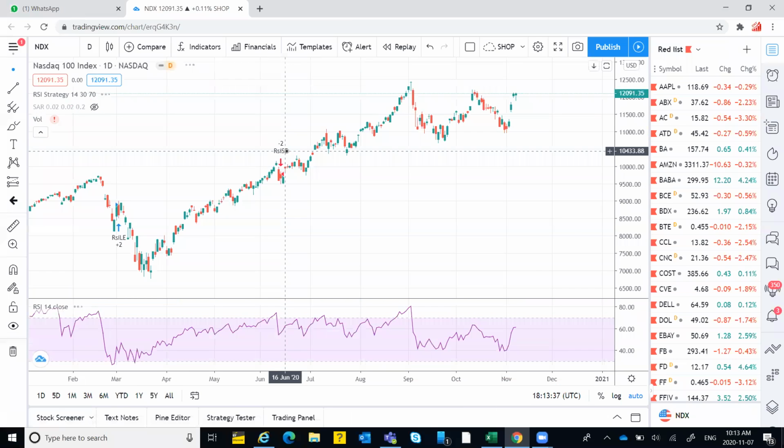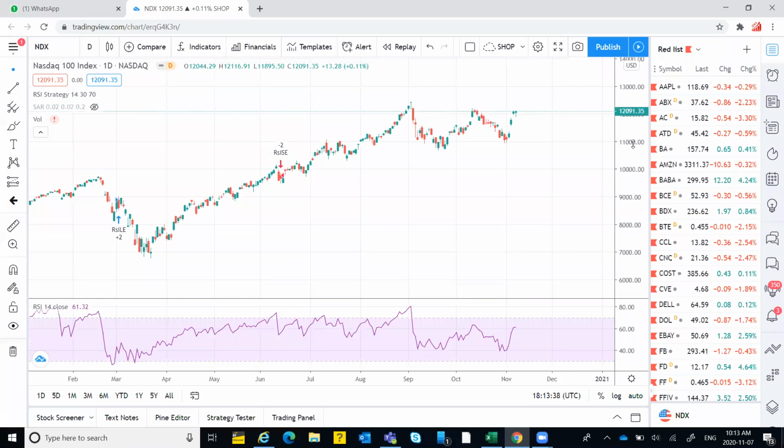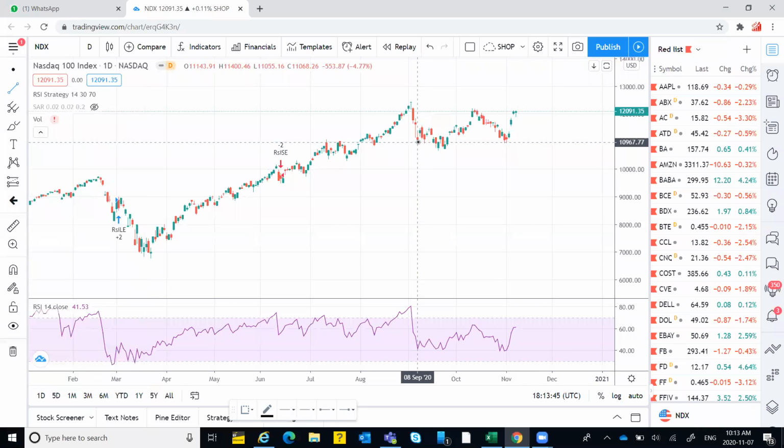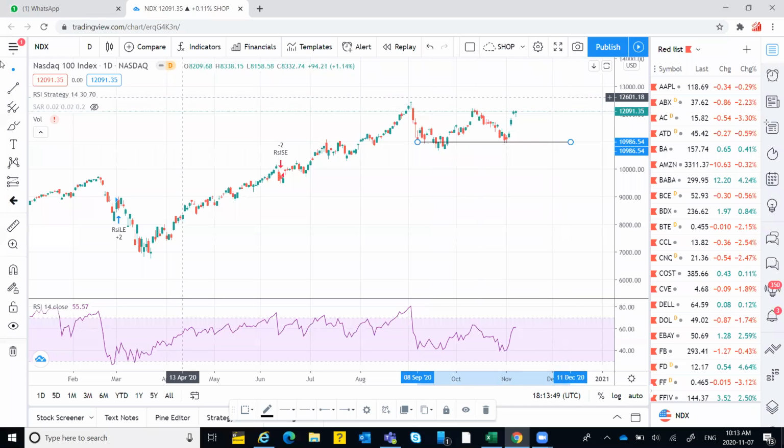NDX, the Nasdaq 100 index. This has also the same pattern. If you see this, almost a double bottom pattern here, and then here.